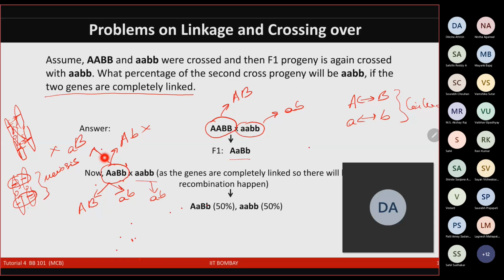That is what linkage means. So in this example, again the chromosome, suppose this is capital A, this is capital B, this is small a, this is small b. Since these genes are linked, they always go together. This recombination does not take place.